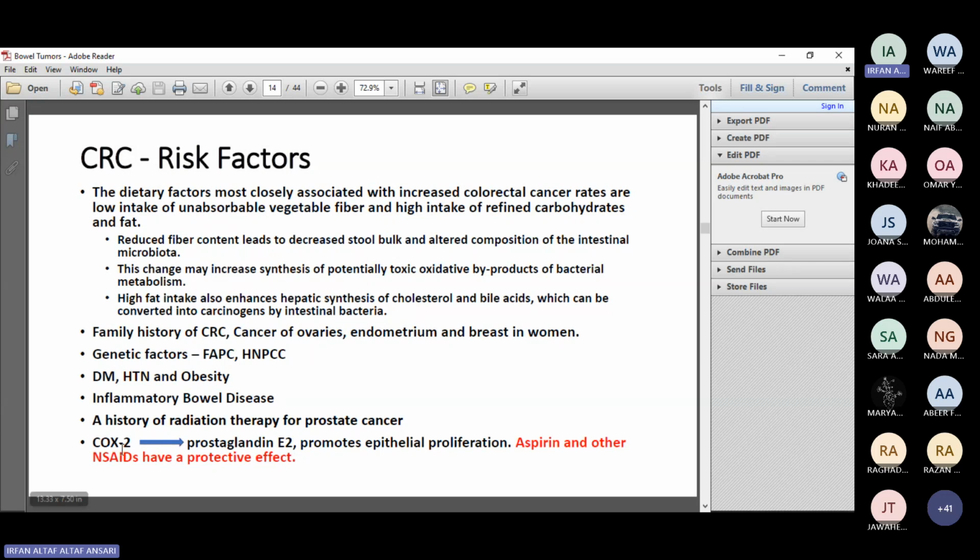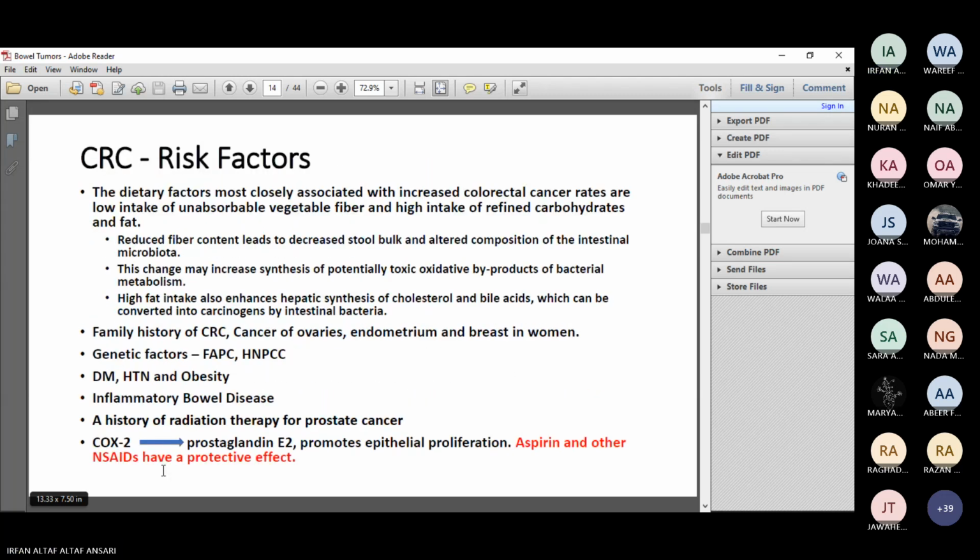If you use COX-2 inhibitors, especially the drugs aspirin and other NSAIDs, they have a protective effect. So someone who is at increased risk of colorectal carcinoma, we might start them on low dose aspirin as a COX-2 inhibitor, so that prostaglandin E2 is not formed in the gut and epithelial proliferation can be stopped. So these are all the causative factors, and aspirin and NSAIDs have the protective effect.